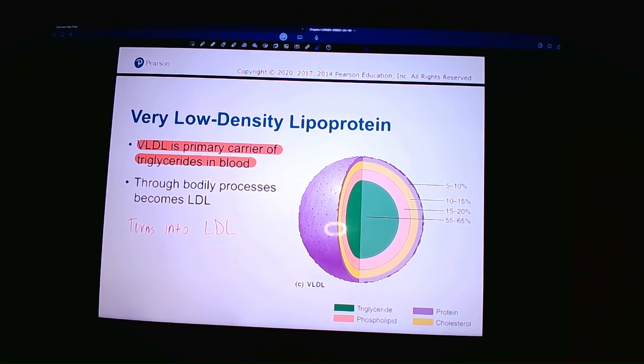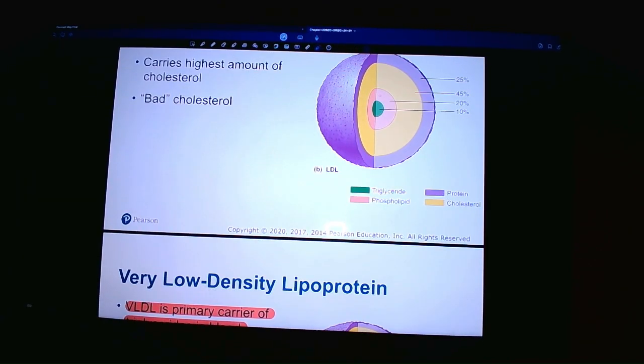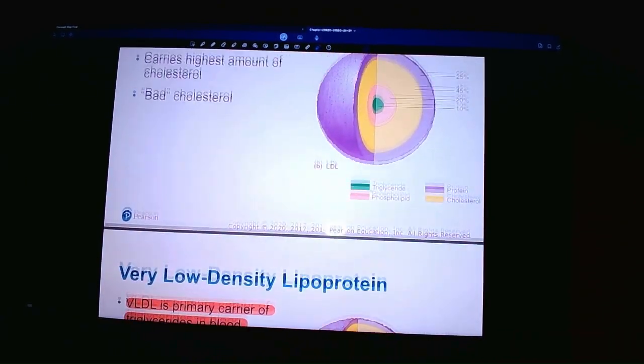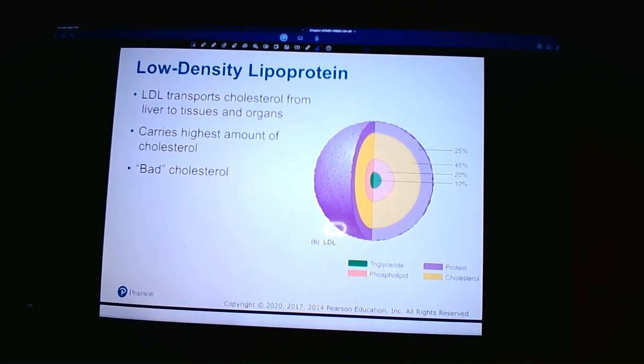Once a very low density lipoprotein deposits its plaque or fat wherever it needs to, it eventually just becomes an LDL. So this turns into this, and it makes sense, because very low density is still the same low density.